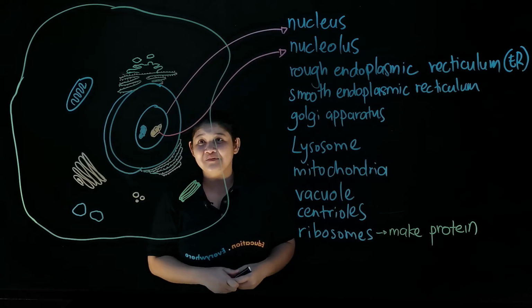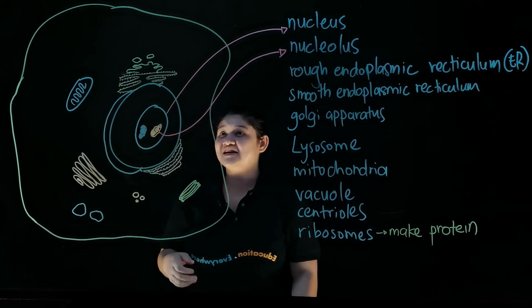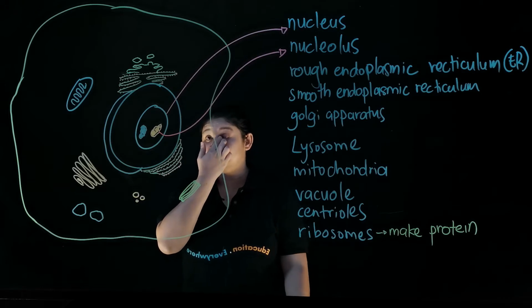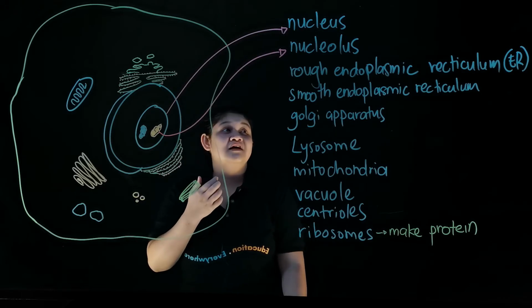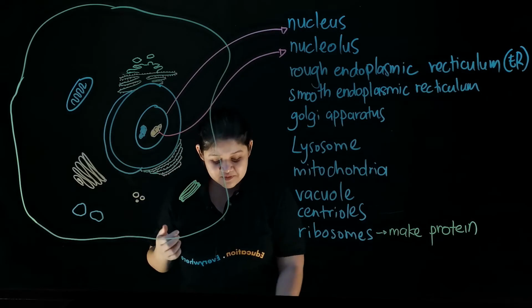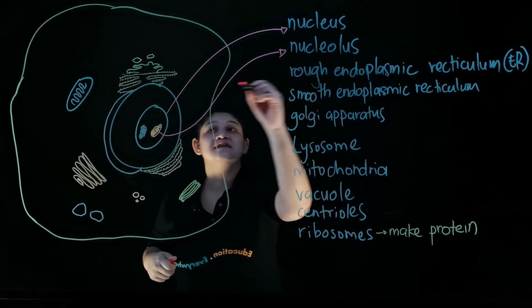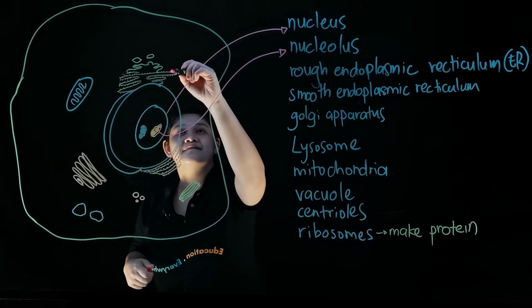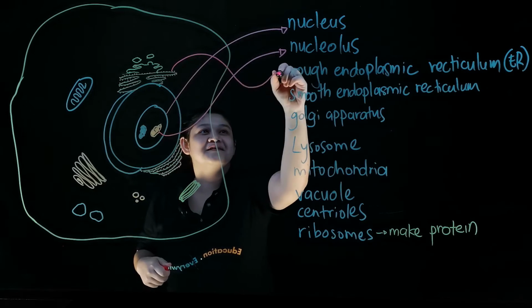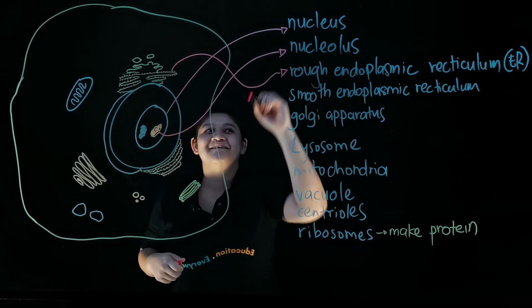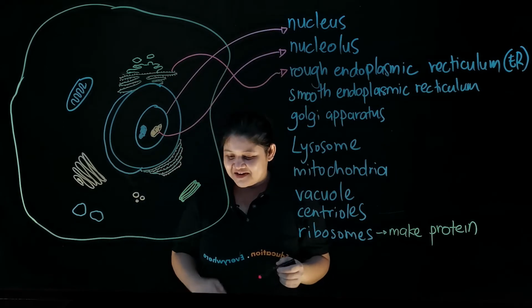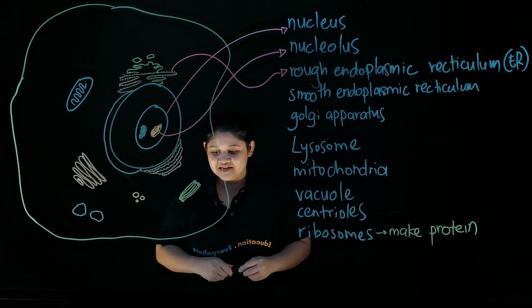The next one we're going to look at, just outside of the nucleus, is the rough endoplasmic reticulum, which is this one. What is the function of the endoplasmic reticulum?